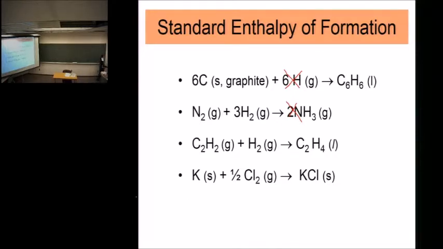No. Does everybody see why it's not? Can you have a compound as a reactant? No. What do you have to have? An element. Is C2H6 an element? No, that's a compound. Okay, so is that why that is not a heat of formation reaction? All right, well, let's look at the last one. How about the last one? It is? Why is it?